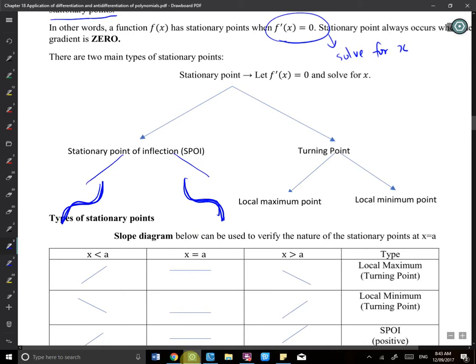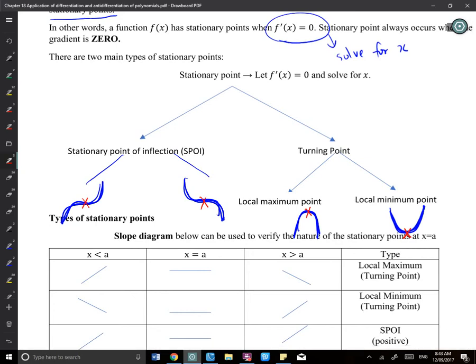For the local maximum, we will have this type of turning point. For the local minimum, we have that point. That's the stationary points. They are called stationary points because the gradient at those points is 0.